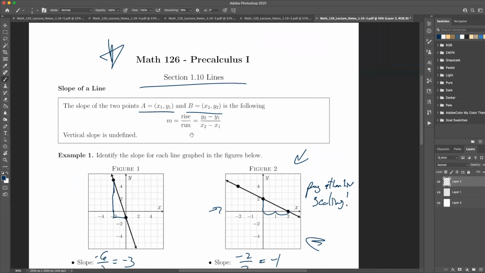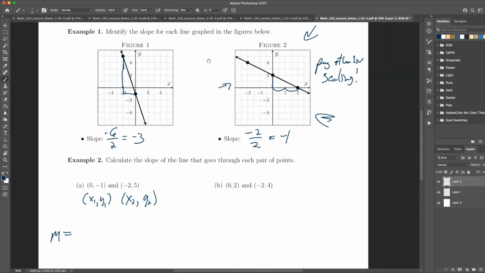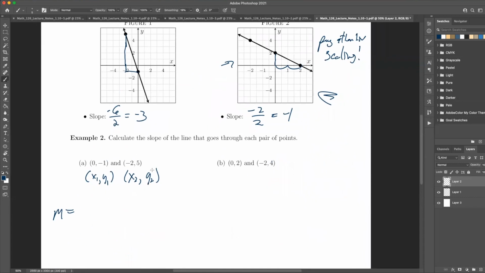So here it's y2 minus y1 over x2 minus x1. y2 would be 5 minus y1, which is minus a -1, over x2, which is -2 minus 0. That ends up being 6 because the negatives add up, over -2.